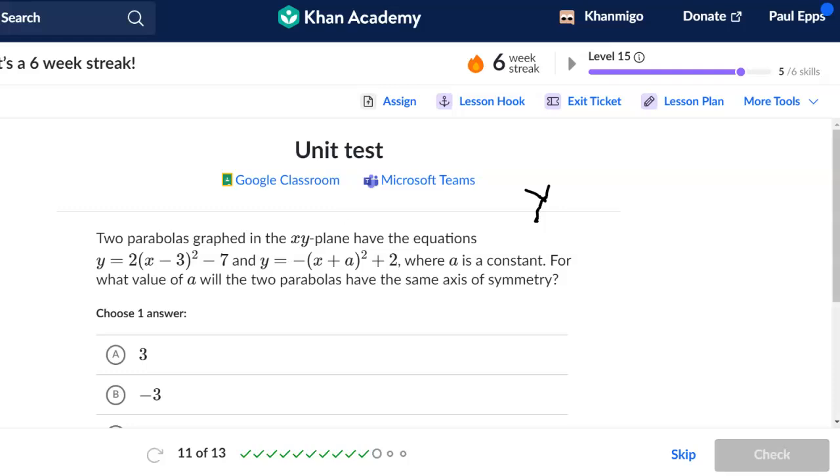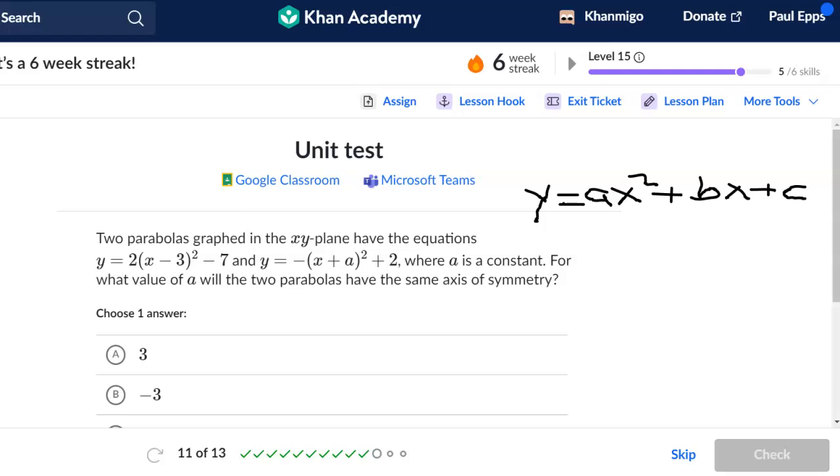You get y equals ax squared plus bx plus c.